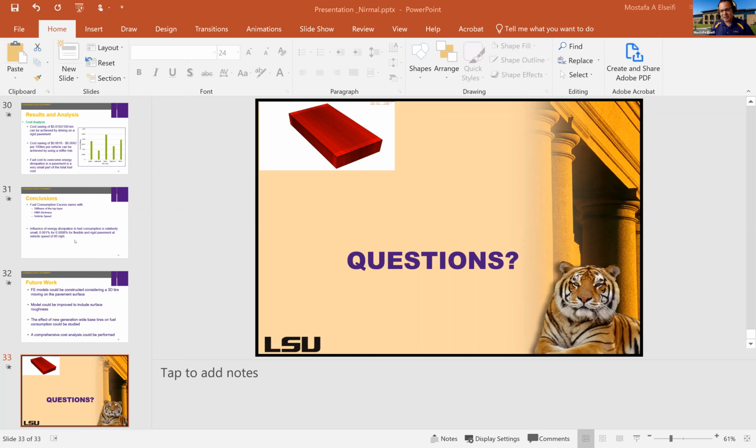These factors are much more important than the pavement type. We report that rigid pavement obviously will have less energy dissipation, but overall, when you look at the whole picture, this is a very minor effect with respect to the fuel consumption of trucks.